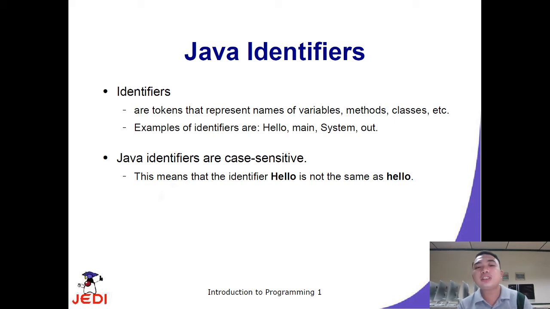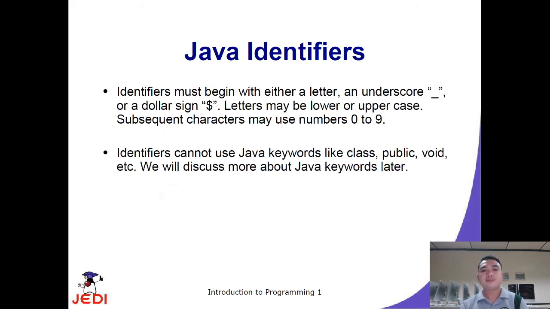Examples of identifiers are hello, main, System.out, numbers, etc. It is good to note that Java identifiers are case sensitive. That means hello with a capital letter H is not the same as the hello identifier with all lowercase letters.